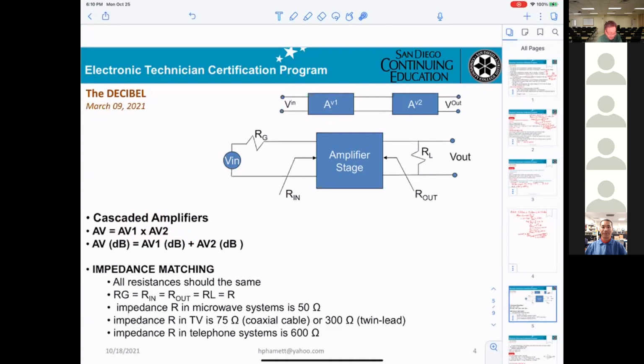However, if they want it in dB, they give you the first one as 2 dB and the second one as 10 dB. Then for the total you must add them, 2 plus 10. That is how to calculate the total gain for the amplifier.